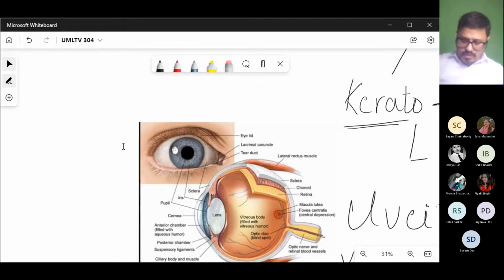I will show you another image that will give you the idea of how the eyes are present inside the skull.